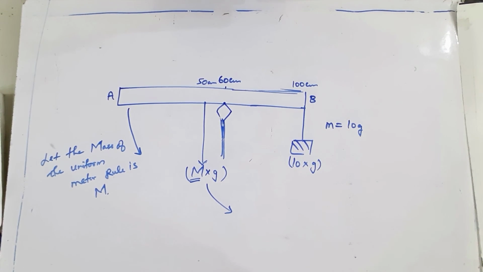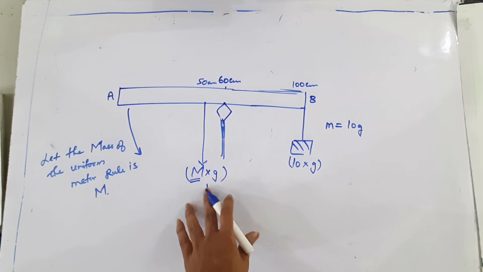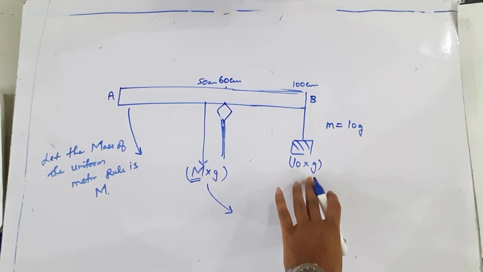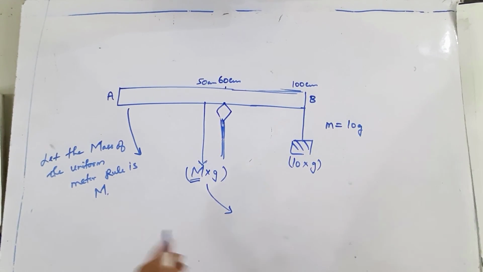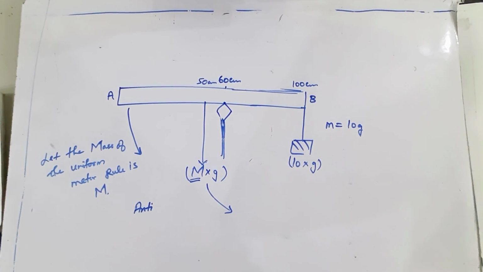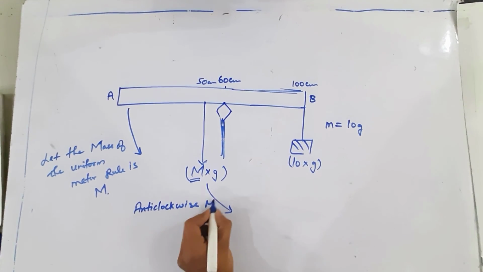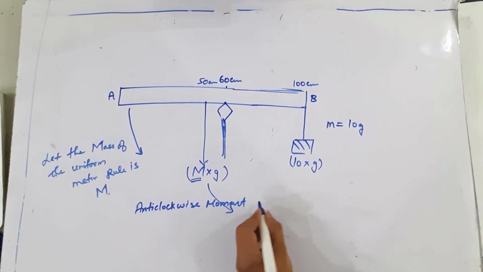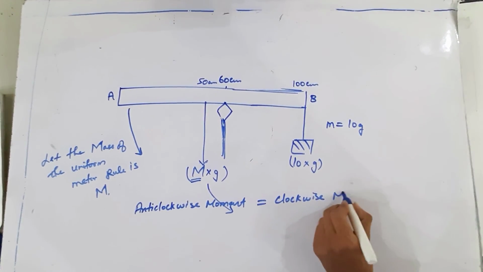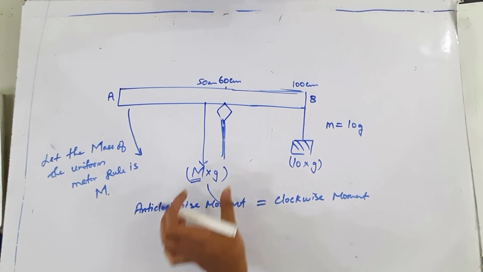So whatever the anti-clockwise moment generated by the weight of the meter rule should be balanced by the clockwise moment produced by the weight suspended at point B. So here from the principle of moment, the anti-clockwise moment is produced by the weight of the meter rule.